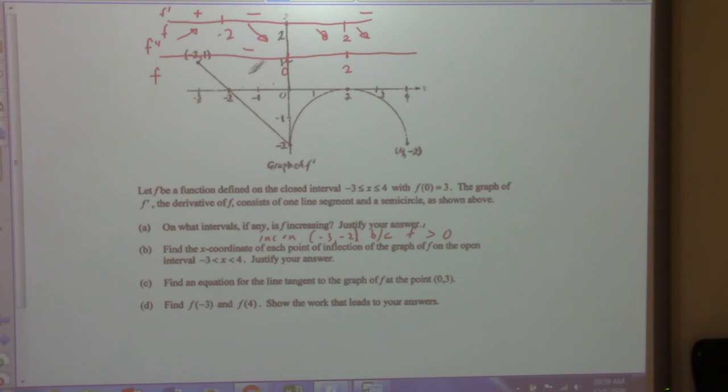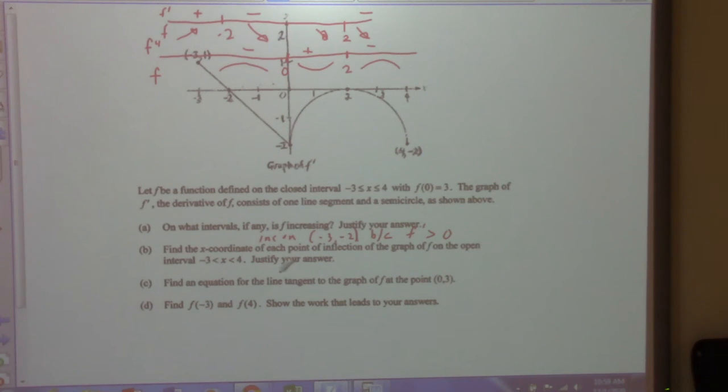Between -3 and 0, we have this. Between 0 and 2, we have this, and between 2 and 4, we have negative, so we have this.